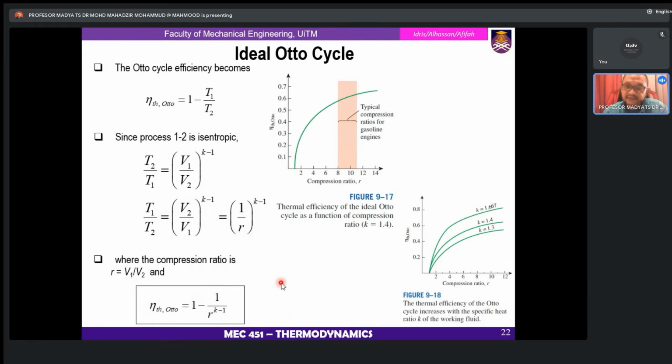It will increase. Okay, that is how the theoretical and experimental results have shown this relationship between efficiency and compression ratio.